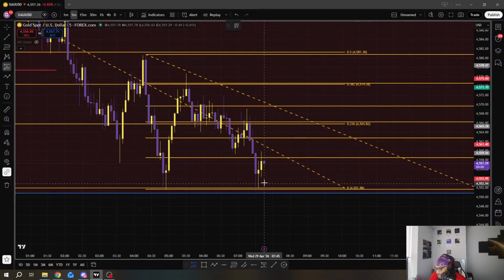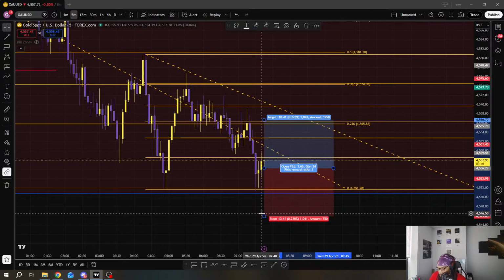Or am I bugging? Oh, it's bugging. Entry's like right here. I'm gonna stop loss.